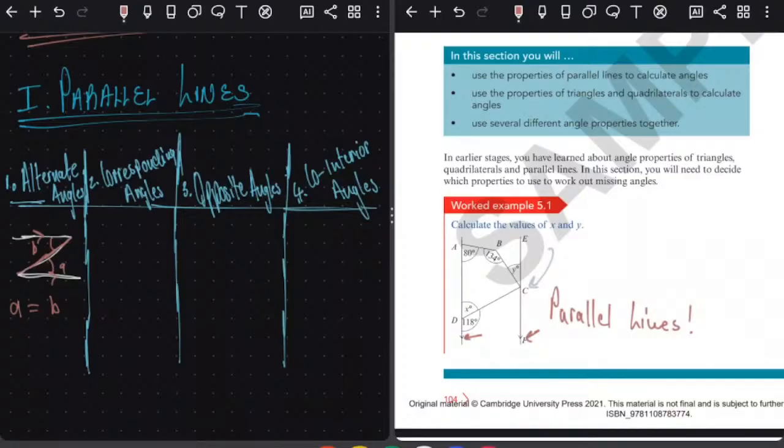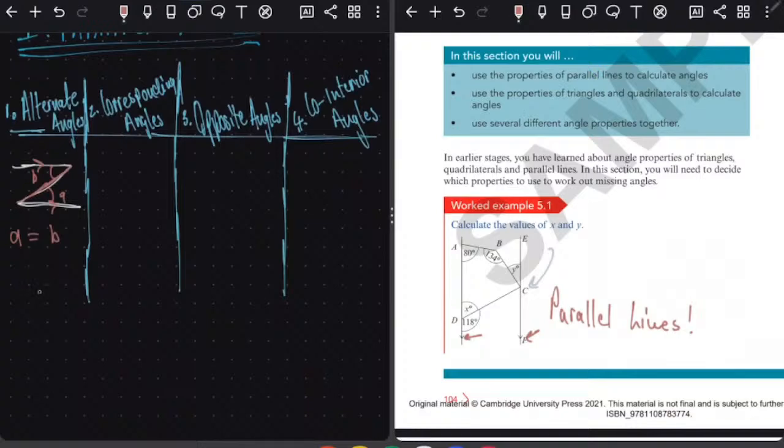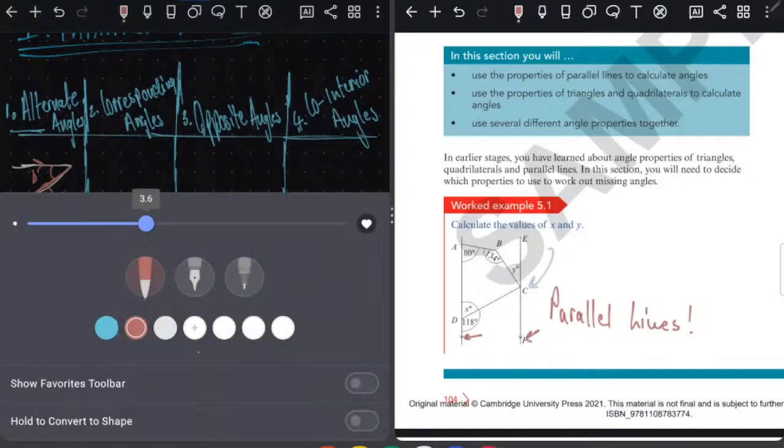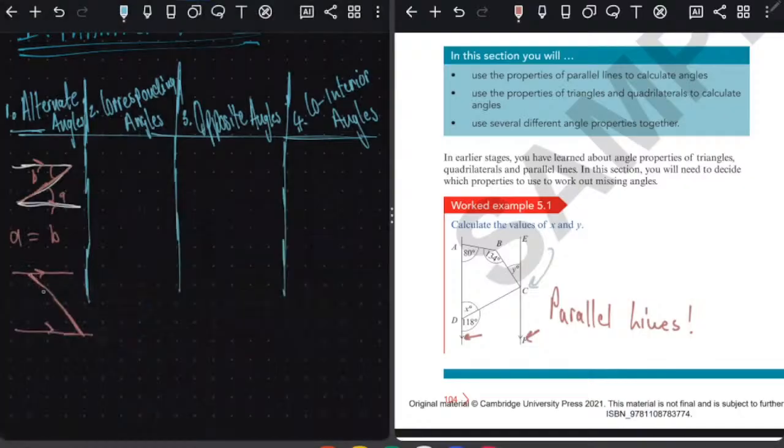Even if it is like this. Can you see? The other way around, you should still know that this one A and this one B are equal.